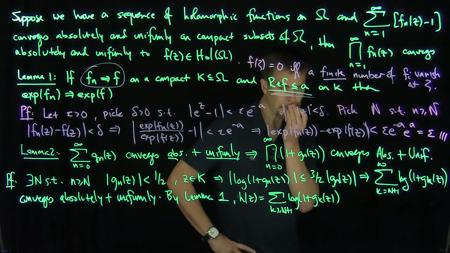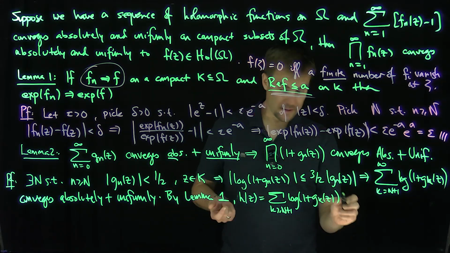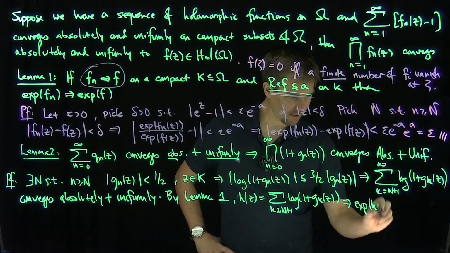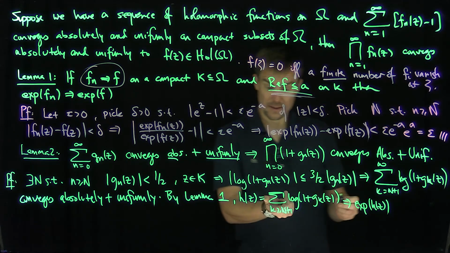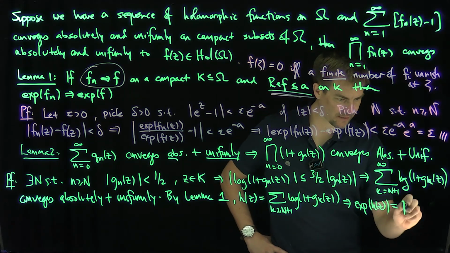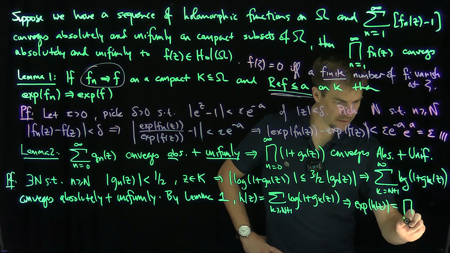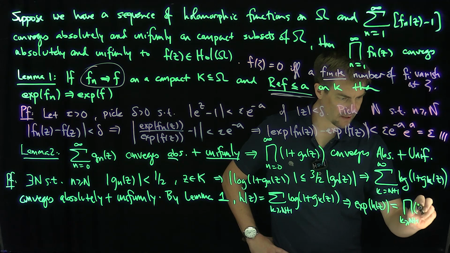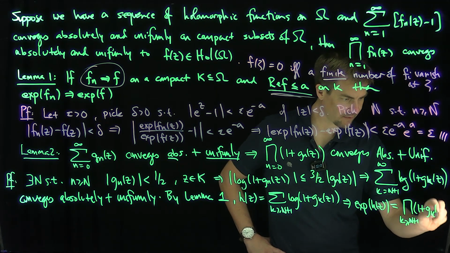That implies that the exponential of h of z is going to be what? The exponential is just going to be the product k bigger than or equal to n plus 1 of just these 1 plus gk of z.